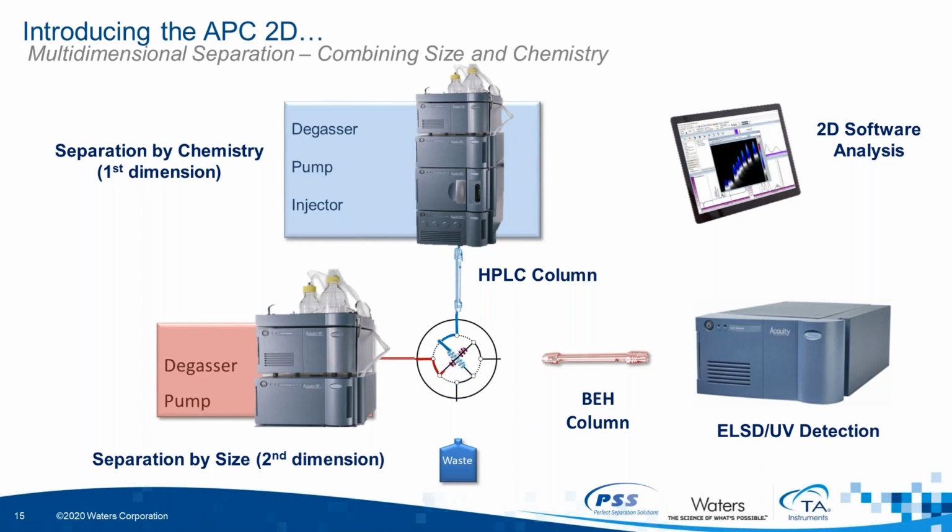The second loop, the red one, is in between the isocratic pump and the GPC column, which is used to separate based on the size of the molecule and thus most probably the molar mass. We have then installed, after the GPC column, the detector, which provides the data required for the 2D analysis.